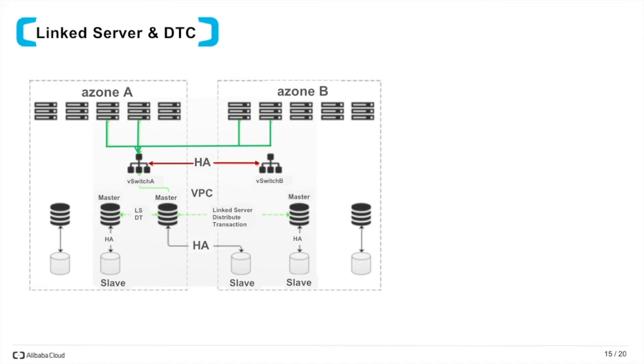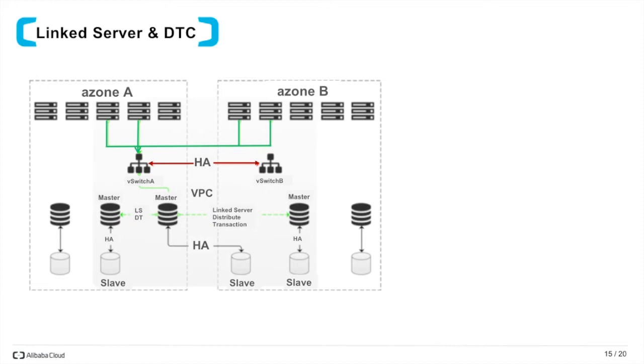We also support creating a linked server to an instance deployed in your own data center by using a VPN to connect to the VPC. The network is connected and you can create a linked server. For example, your headquarters database might be hosted on the RDS and your local branch companies' databases are deployed in their own data centers.